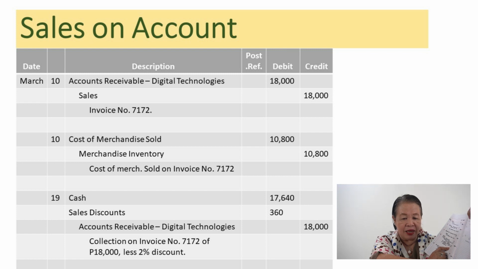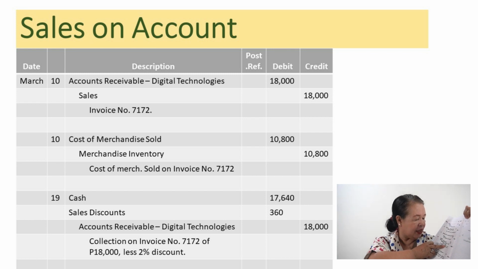Binayaran na naman ng pinag-utangan natin noong March 19. No? So nagbayad siya ng yung inutang niya na 18,000, binayaran niya nung March 19 pero may discount, no? So paano natin i-record? We debit cash 17,640 and we debit also sales discount 360.